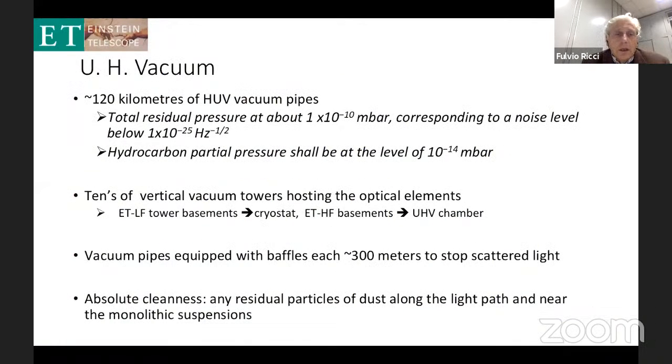And the hydrocarbon partial pressure should be at the level of 10 to minus 14 millibar.